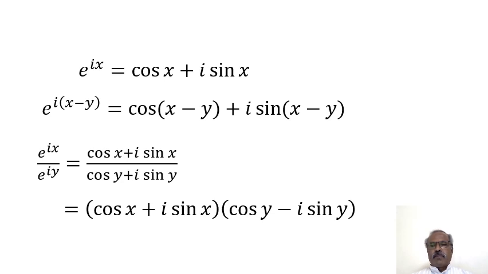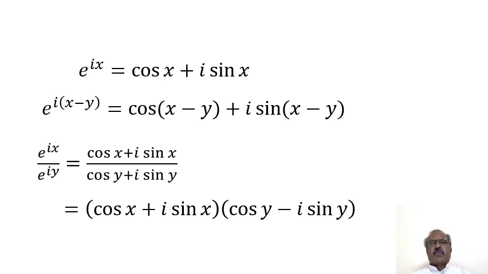Now, we multiply this by cos y minus i times sin y and divide by the same thing, cos y minus i sin y. So multiplying and dividing by cos y minus i sin y, we will get cos x plus i times sin x, whole multiplied by cos y minus i sin y.